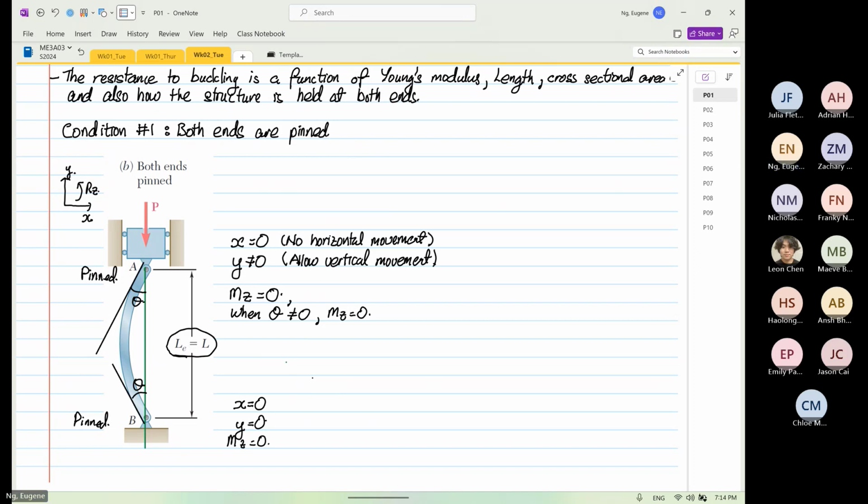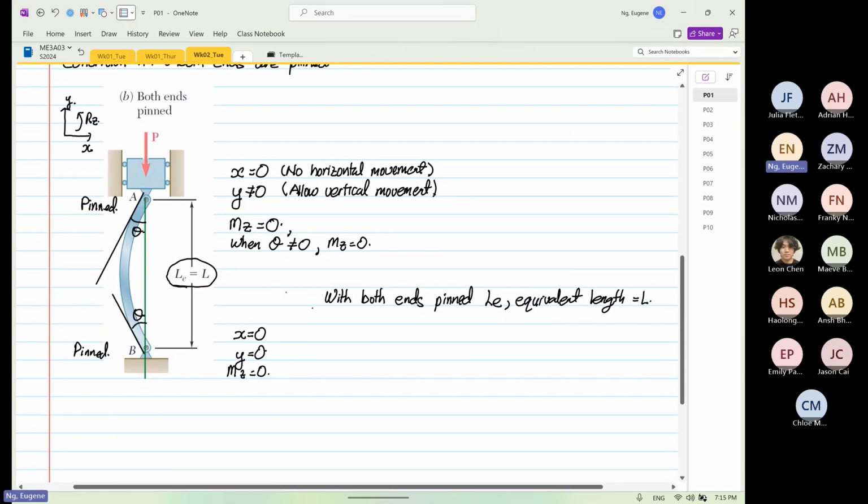Okay. So when that's the case, I want you to focus on this term over here. When both ends are pinned, LE, the equivalent length, is equal to L. So what does this actually mean?